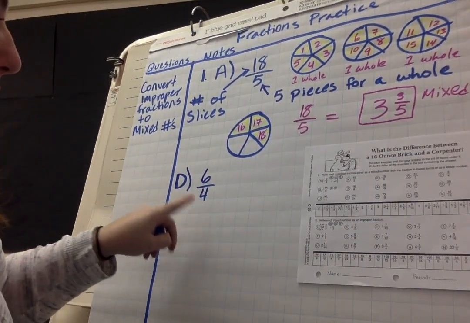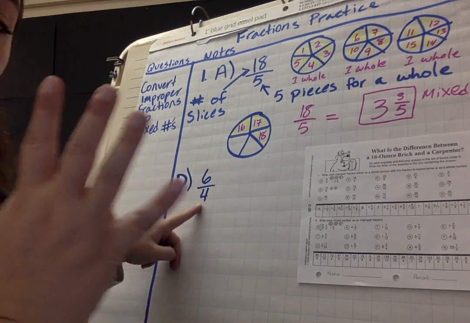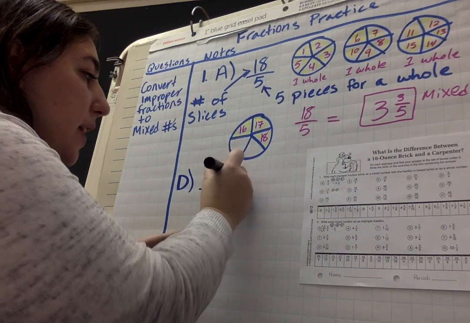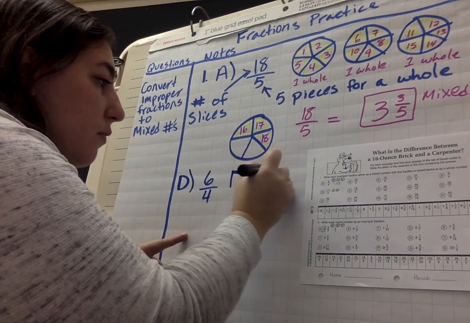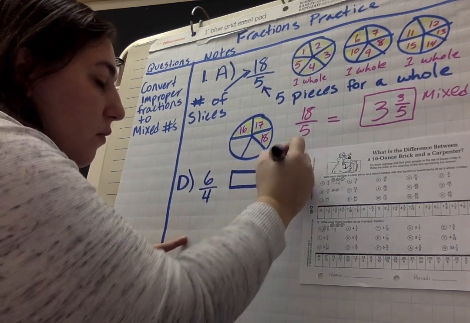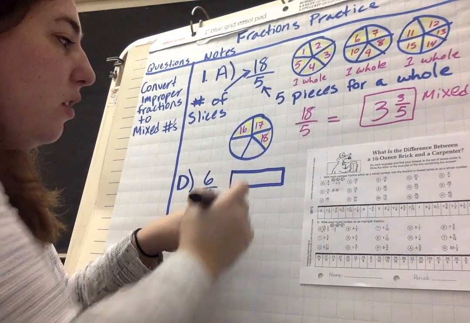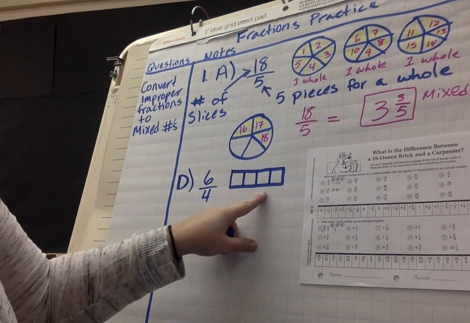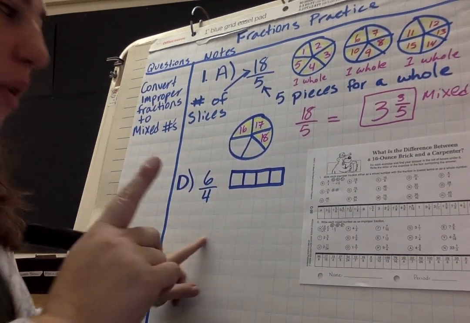So first thing, I'm going to look at my denominator. It's 4. So I know I'm going to have 4 slices. So maybe I'll draw a rectangle. And in my rectangle, I'm going to draw 4 pieces. Okay, I don't think that's enough though. So I'm going to draw one more rectangle.